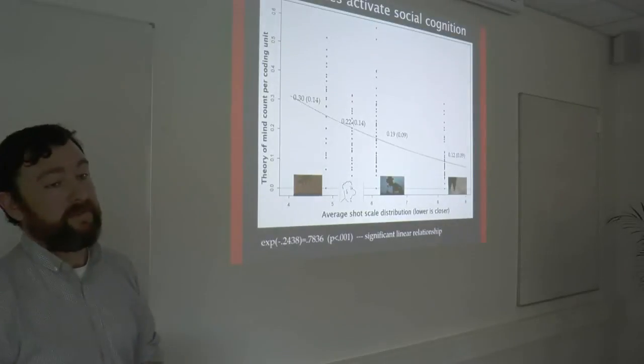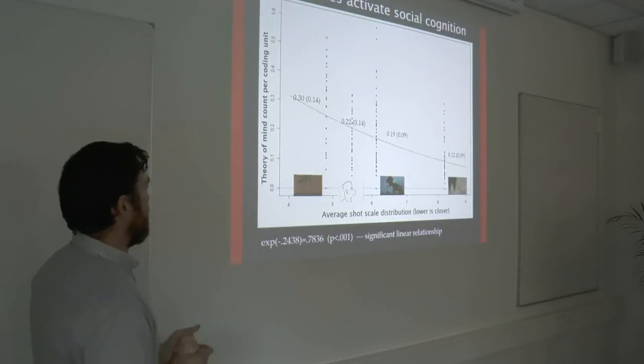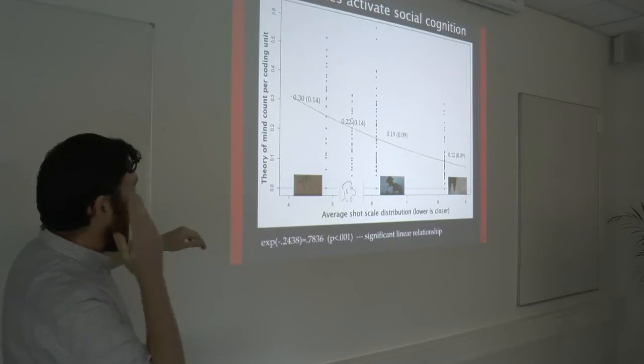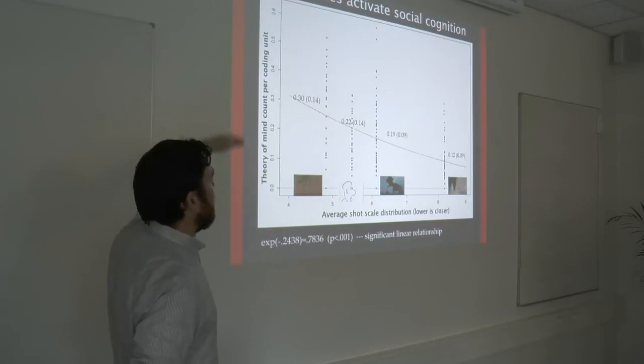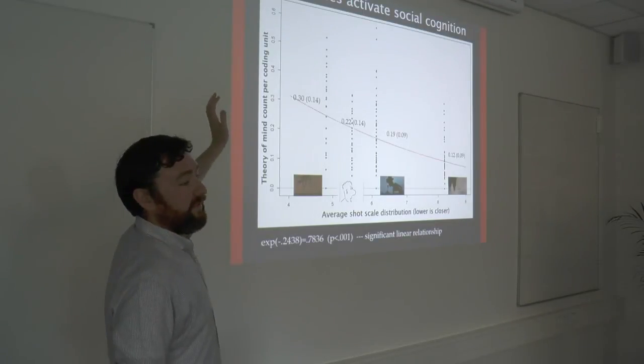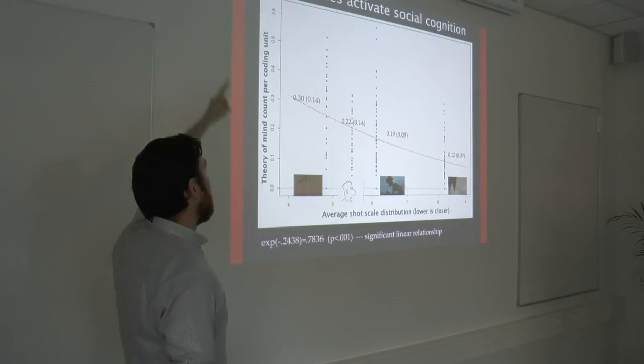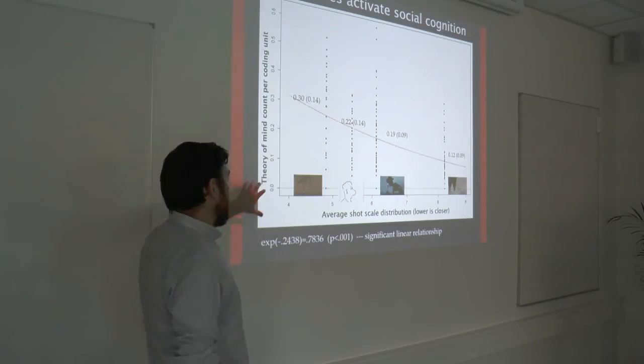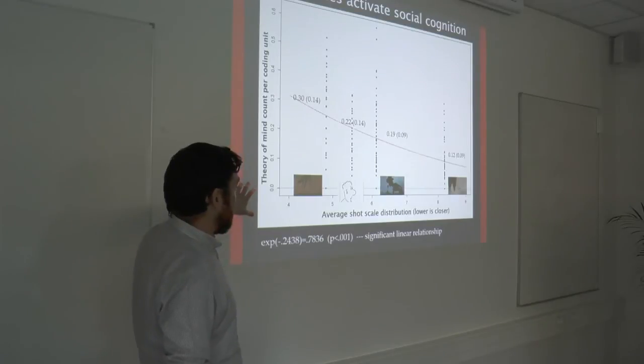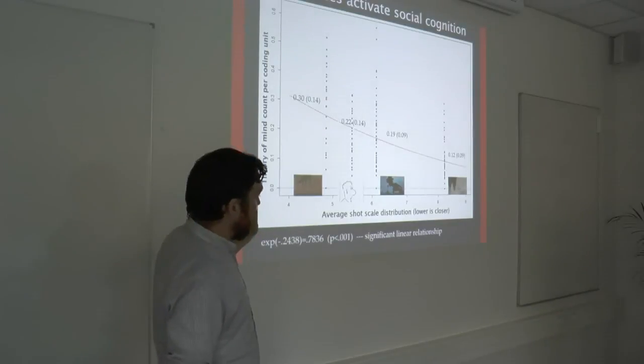And so in that first study we were able to measure people's theory of mind responses. So I'm going to try and talk you through this really quickly. You can think of this graph: on the left here is the higher frequency of references to mental states of the participants. So higher numbers on the left is more theory of mind, and lower is less theory of mind. And then the films are presented in terms of their shot scale distribution.